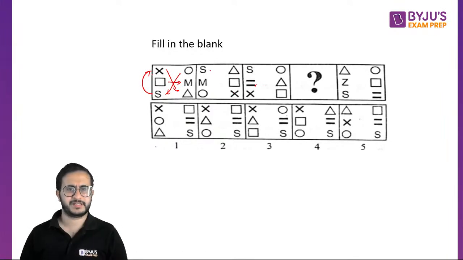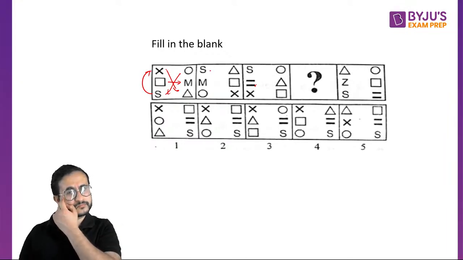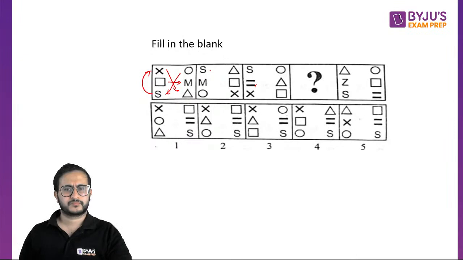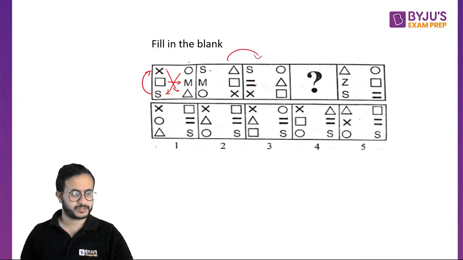I mean, whatever has happened from first to second is not happening from second to third. There's no relation between these two. I mean, the same relationship does not exist, right?